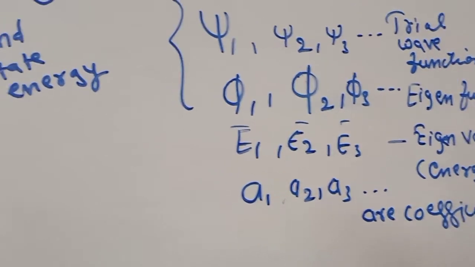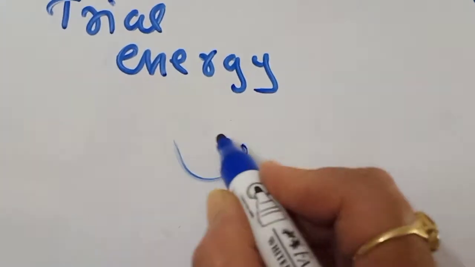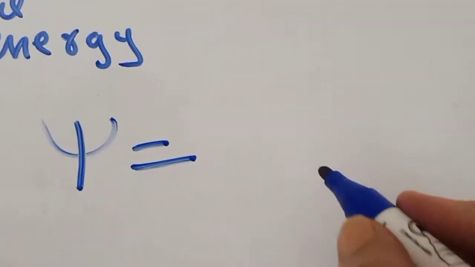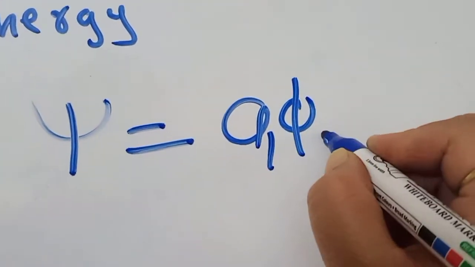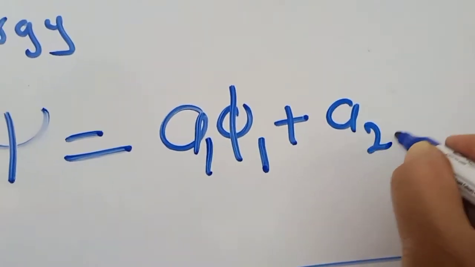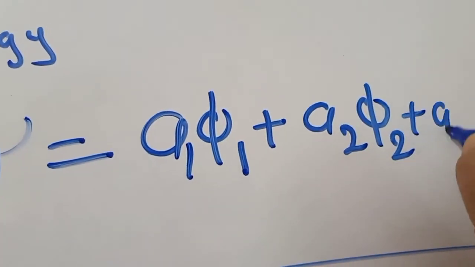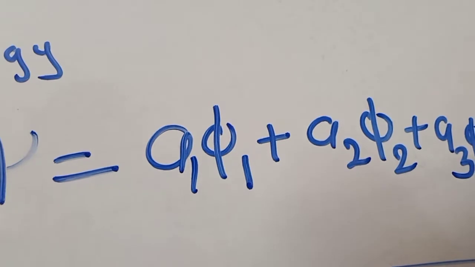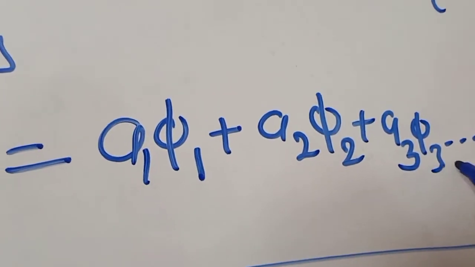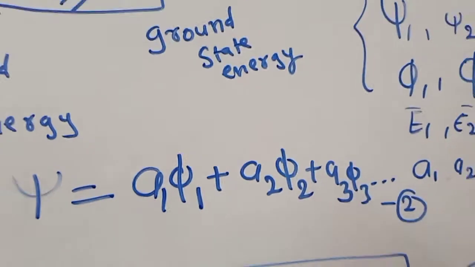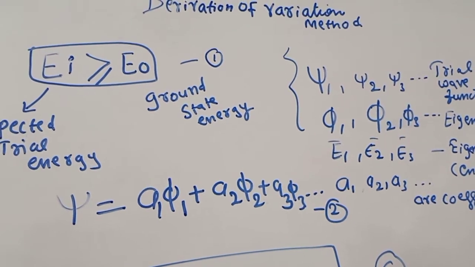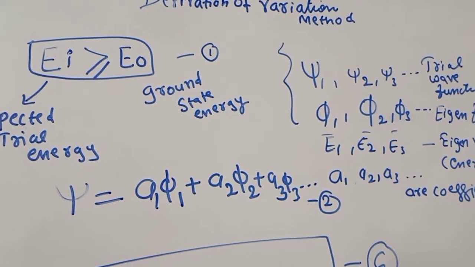So we can write psi is equal to the sum of a1 phi1 plus a2 phi2 plus a3 phi3 and so on. So this will be our equation number 2. Just note it down, and let us see the derivation in detail.